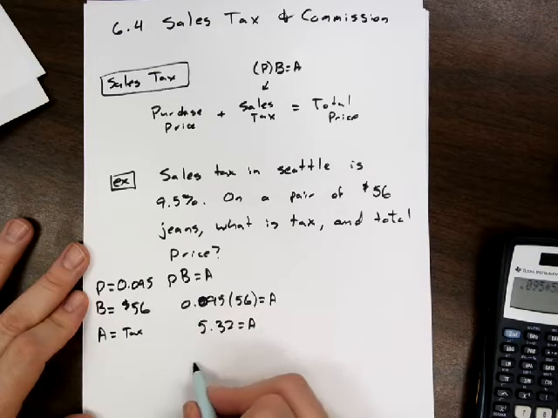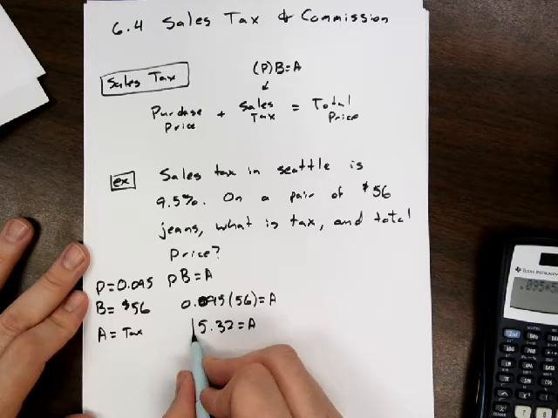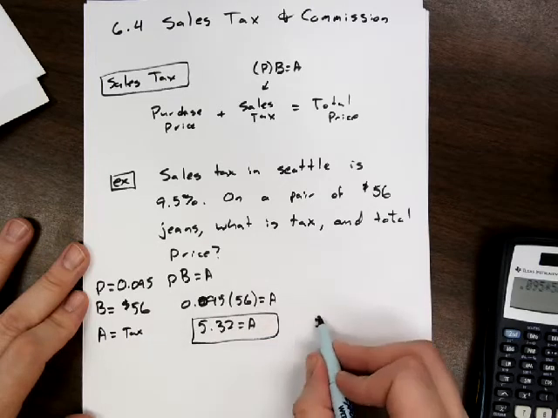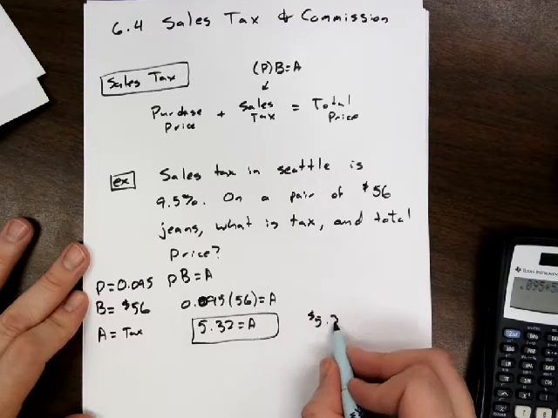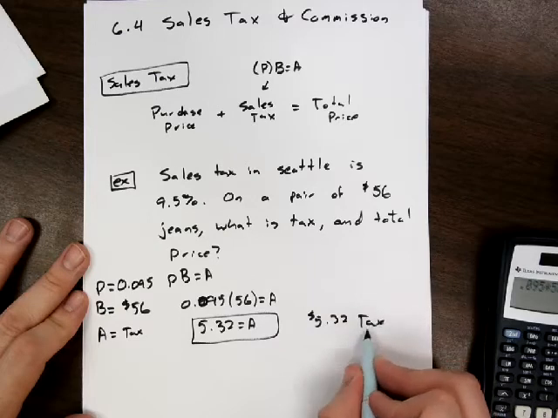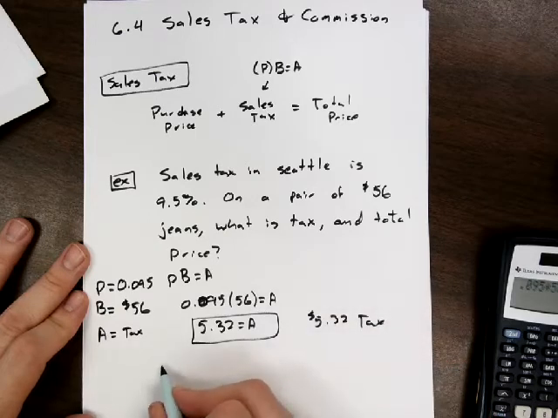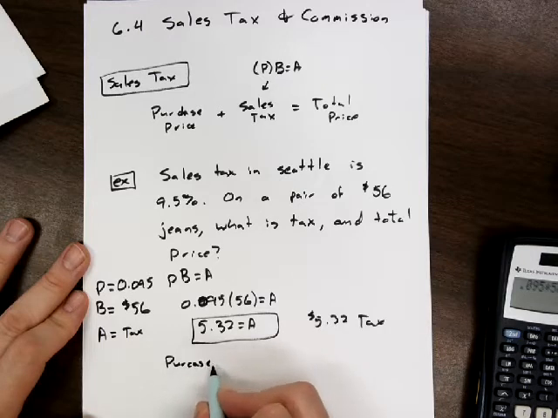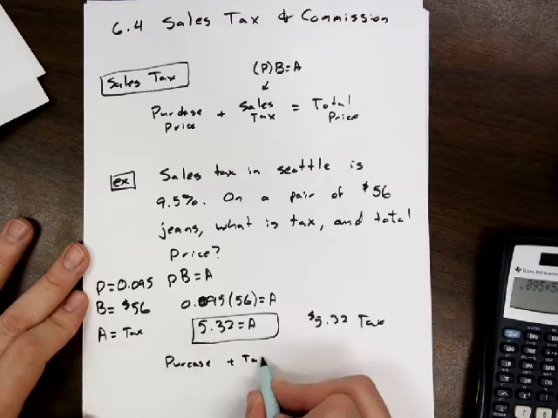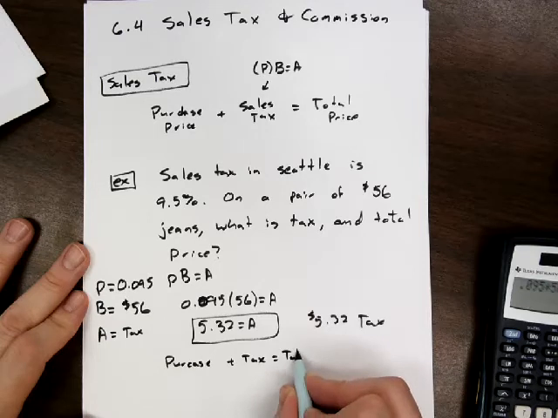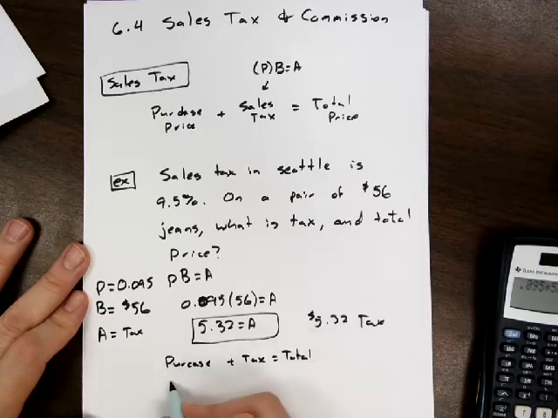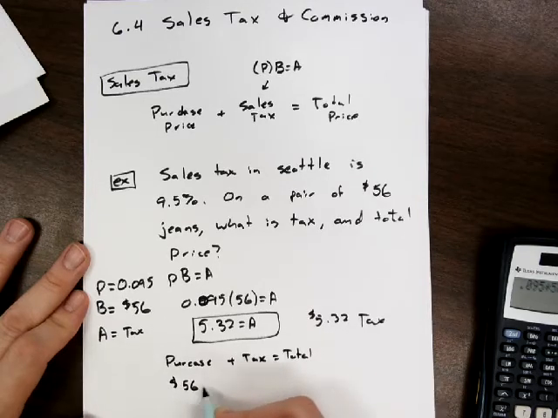So when I take a look at my total price, I've got $5.32 for tax. Then I can take a look at that purchase plus the tax is equal to the total. So I've got my original $56 in there.